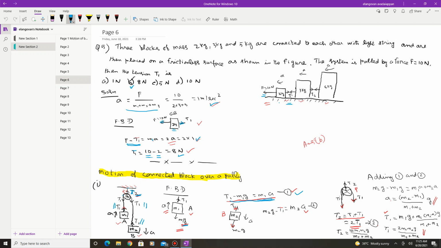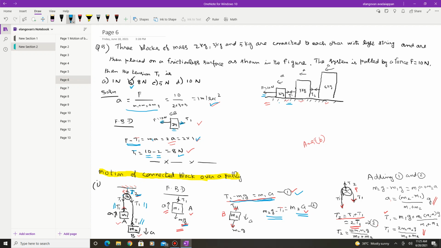Now using Newton's law, M2g must be larger than T1, then only the block will move downwards. So M2g minus T1 is equal to M2a. So you can get equation 2.